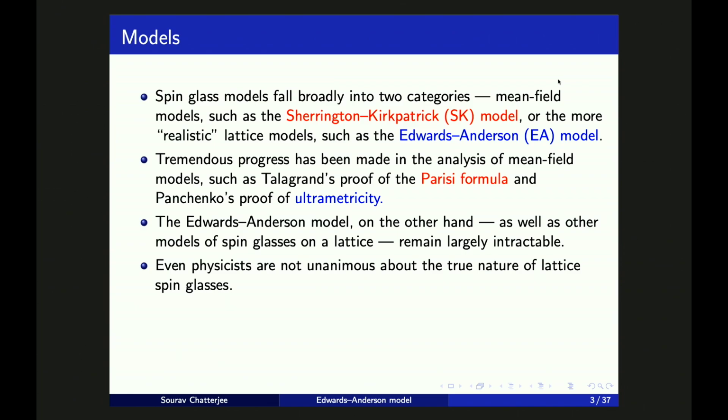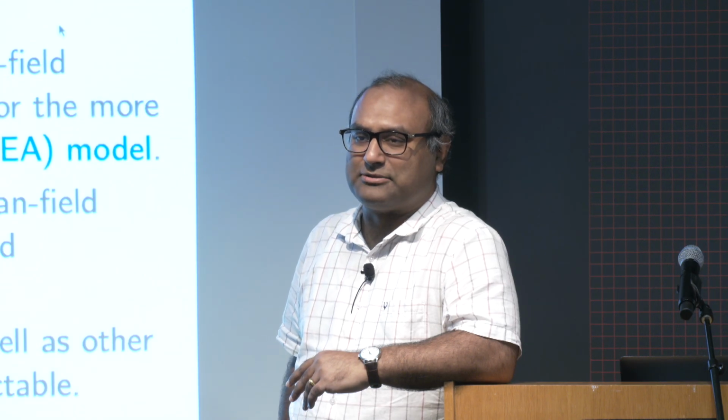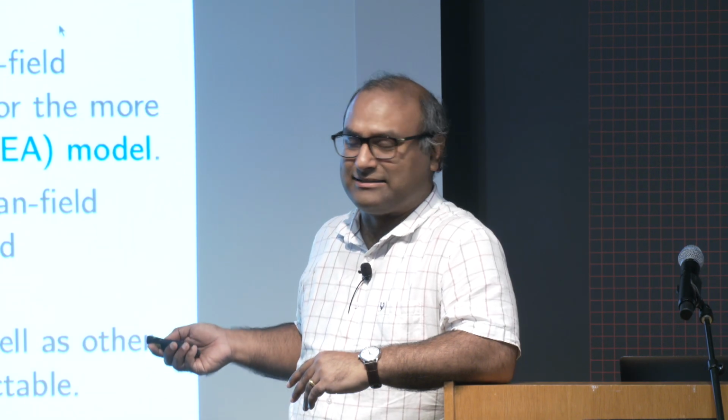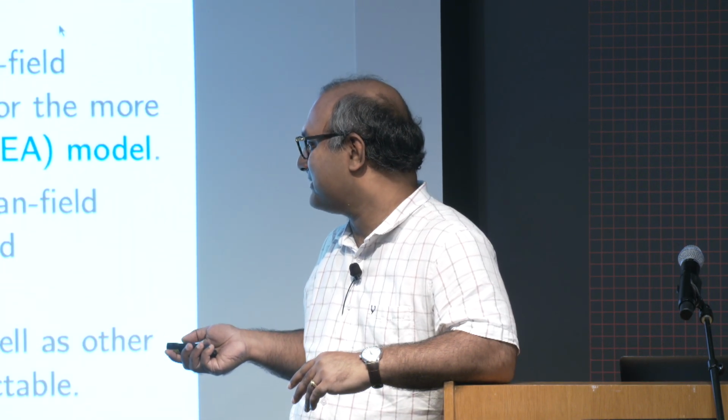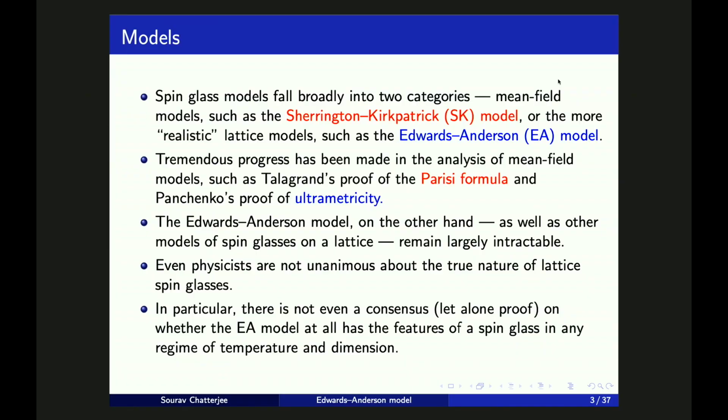So we don't know what to do about this, and you will see this kind of problem coming up in this talk, where you don't know what the truth is. It's like the Buddha, you go out searching for the truth. In particular, there is not even a consensus that this model has features of a spin glass in some temperature and dimension. So the spin glass phase is not proved.